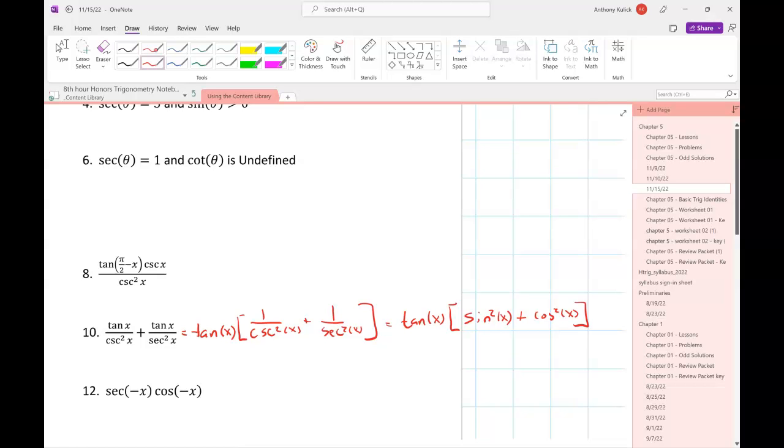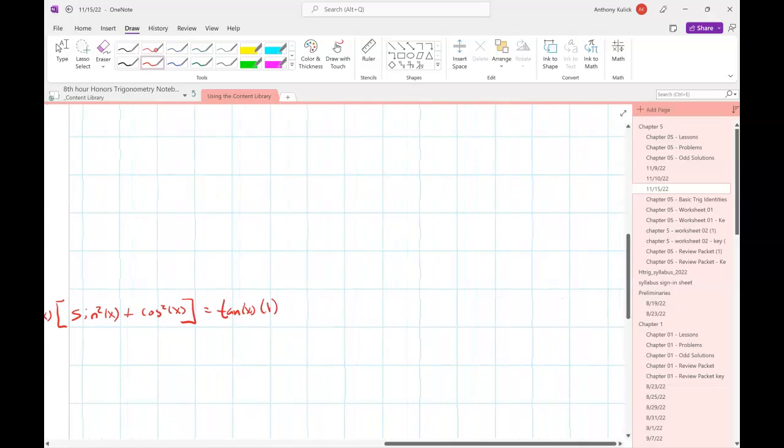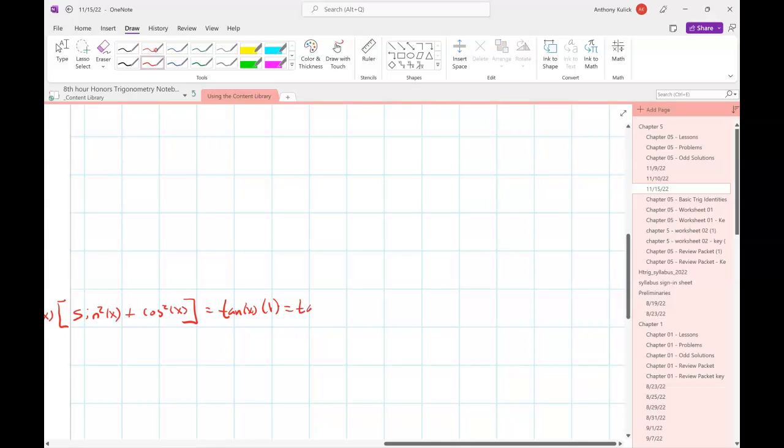And what's sine squared plus cosine squared? That's 1. So this just turns into tangent. Now that's the easiest way to do it. If you turned everything into sines and cosines, you could get there. It's going to be a little bit messier, but it'll work. It'll get you the same spot.